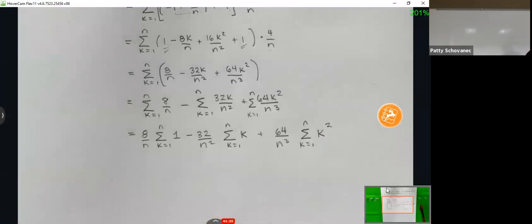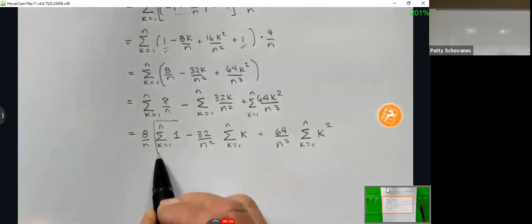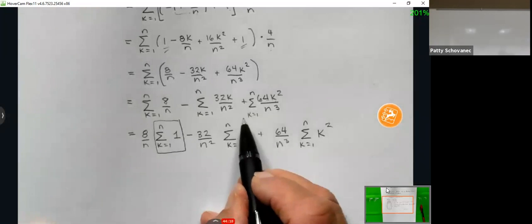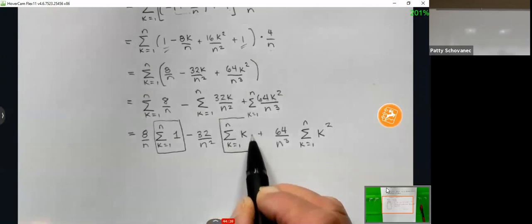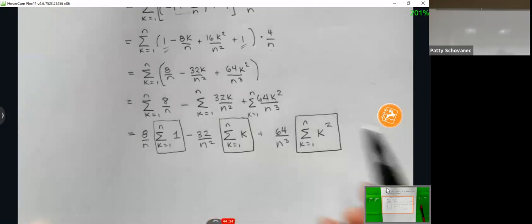Here's where our handy dandy formulas come into play. I have a formula for each of these, in closed form, without the summations. We know what those sum to.